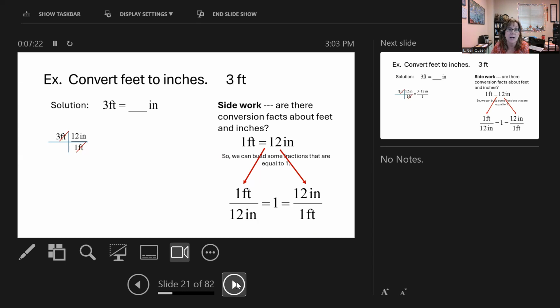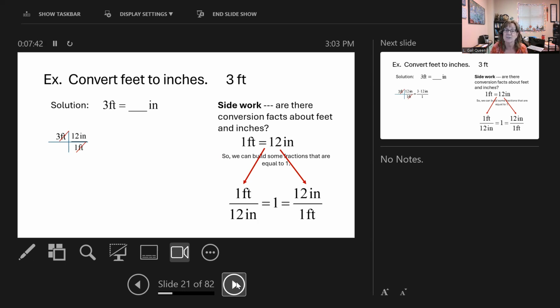So this is why I want to choose the fraction with feet in the bottom, so that the units of feet cancel away. They want me to convert the units from feet into inches. So they want the feet to go away. I need the feet to cancel out and go away, and I want inches to stay around.